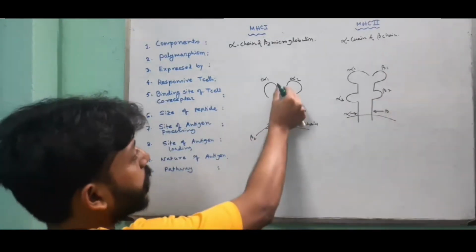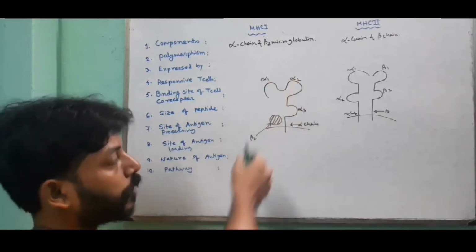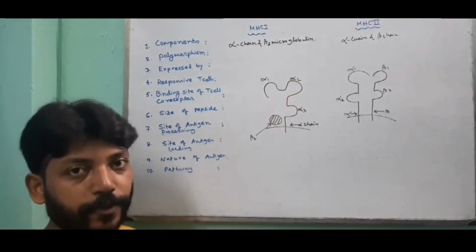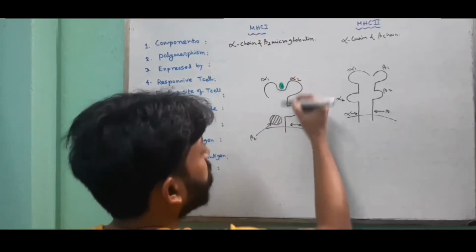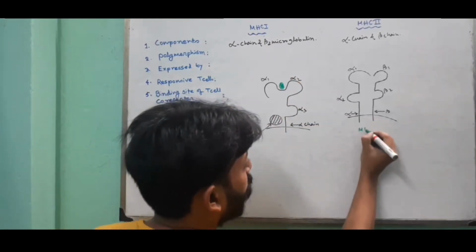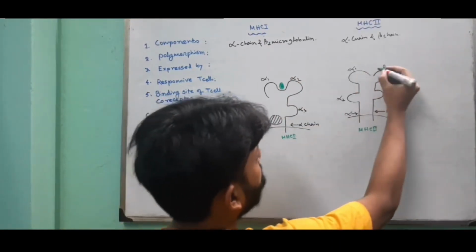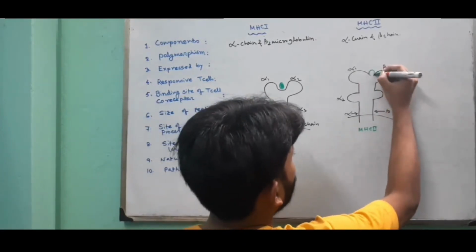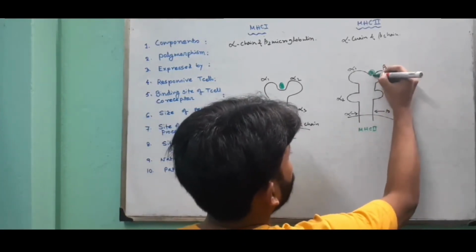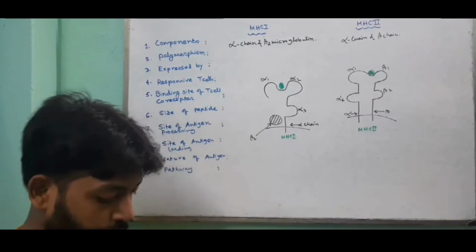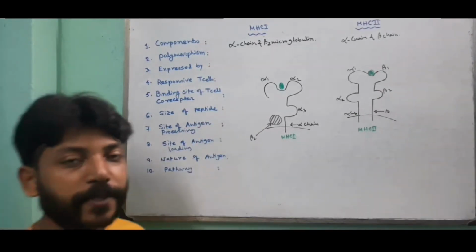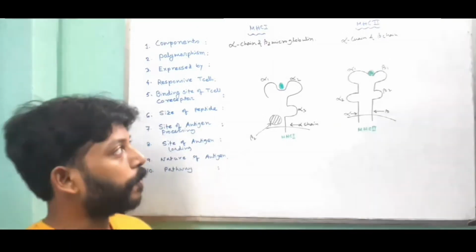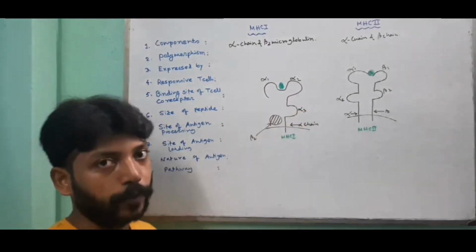Now in this region, the alpha 1 and alpha 2 make a peptide binding cleft or groove where the peptide binds. And in case of class 2 MHC molecule, the alpha 1 domain and beta 1 domain actually represent the peptide binding cleft. Now the polymorphism, as I have already mentioned, MHC molecules are polymorphic in nature, but the whole structure is not polymorphic.